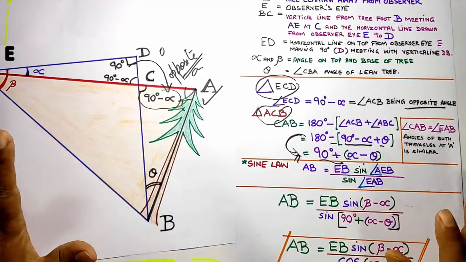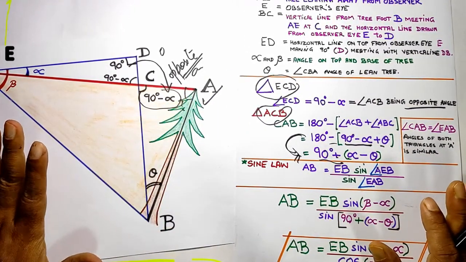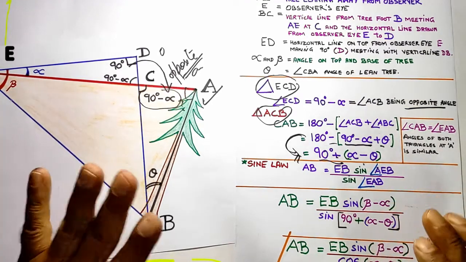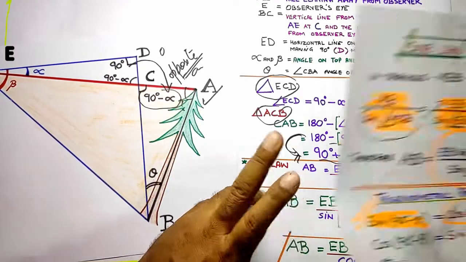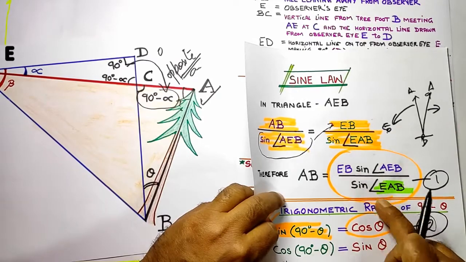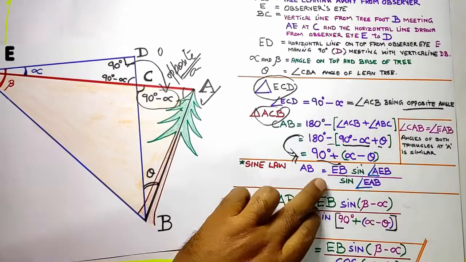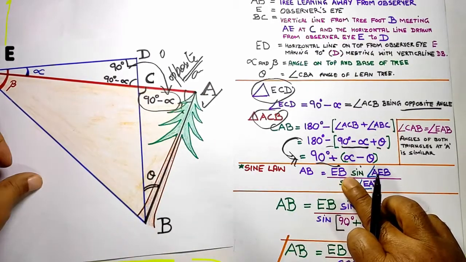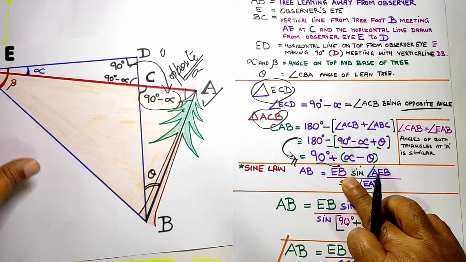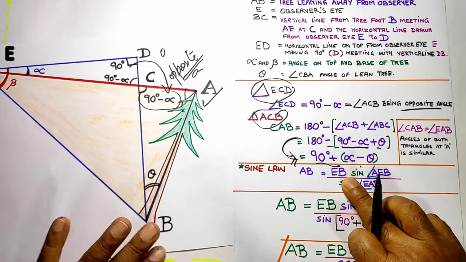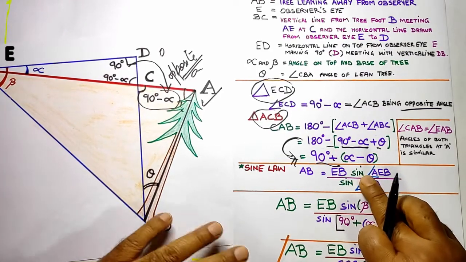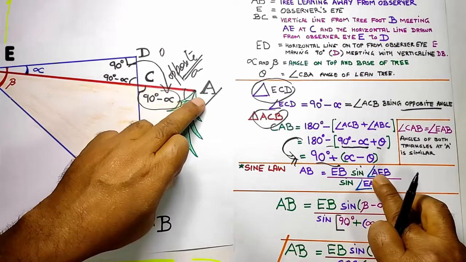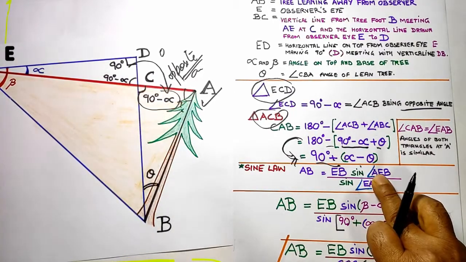Now let's go to the sine law, the same sine law. AB is equal to EB into sine AEB divided by sine EAB. EB is the horizontal distance we know already. What is AEB?